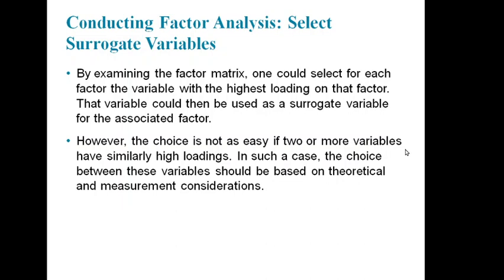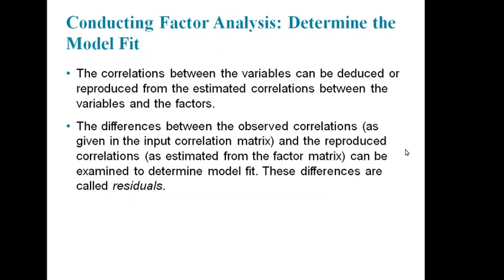That variable could then be used as a surrogate variable for the associated factor. However, the choice is not easy if you have 2 or more variables which have similarly high loadings. In such cases, the choice between these variables should be based on theoretical and measurement considerations. You cannot blindly go and name the variables. Instead, you must also have the support of theory if you want to name the surrogate variable.